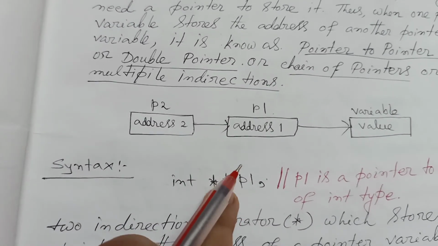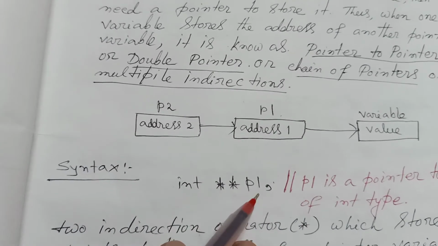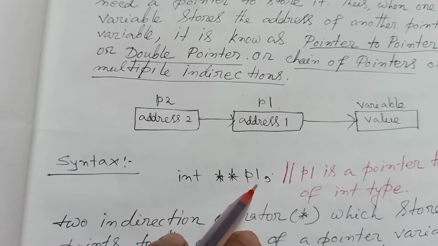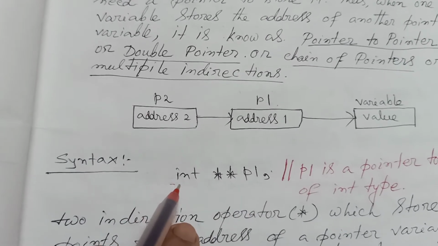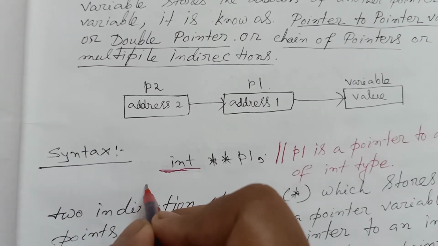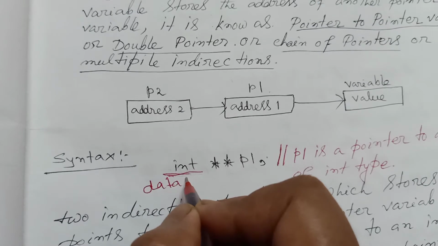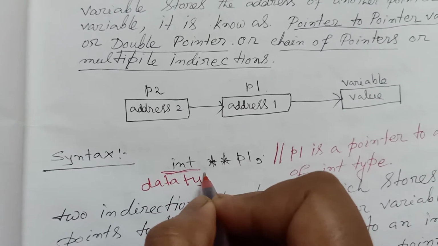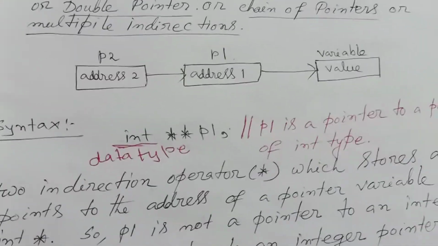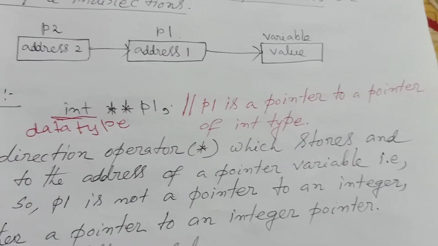int **, two unary operators are used, and then the pointer variable name. So first we have to declare the data type. Integer is a data type. First we write the data type, then two unary operators, then the variable name.